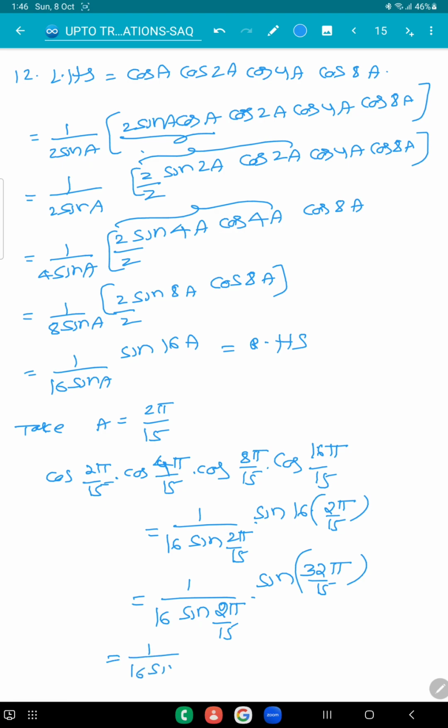That is 1 by 16 times sin 2 pi by 15 into sin of 2 pi plus 2 pi by 15. Sin 2 pi plus theta is sin theta, so sin 2 pi by 15 over sin 2 pi by 15 get cancelled. That is 1 by 16.